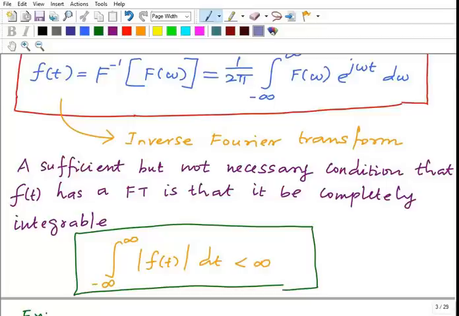This condition is called absolutely integrable. I take the absolute value of the signal and integrate it. This should be less than infinity. This is very important. If this leads to infinity, then Fourier transform does not exist for that signal.